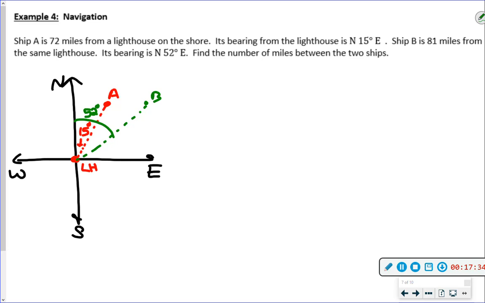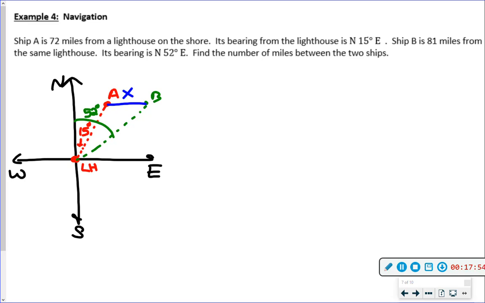And we want to figure out how far apart are these very lovely ships. So I'm going to connect my triangle, label that side X. That's what I'm trying to find. Now, don't forget, you do have some sides on the triangle because they give you the distances. Ship A is 72 miles out, so the length of this red side is 72.